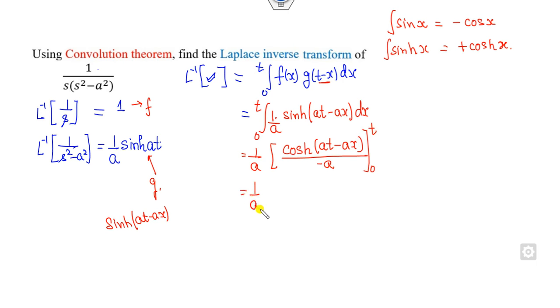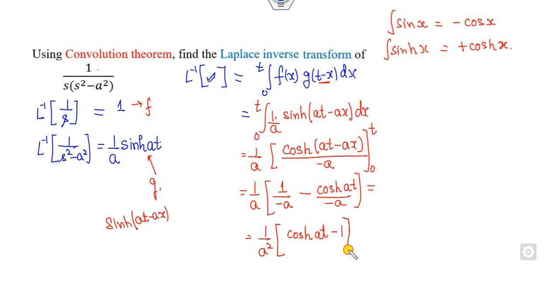So what is that? It's 1 over a. When you substitute a, at minus at, cos 0 is my 1 over minus a. When you substitute 0, it is cos hyperbolic at over minus a. I can take 1 over a square as common. Fine. So it's minus minus plus, cos hyperbolic at minus 1, which is the right answer of the problem.